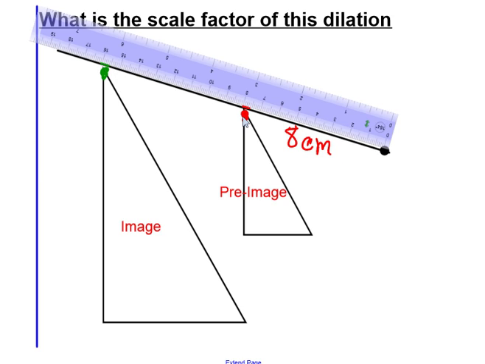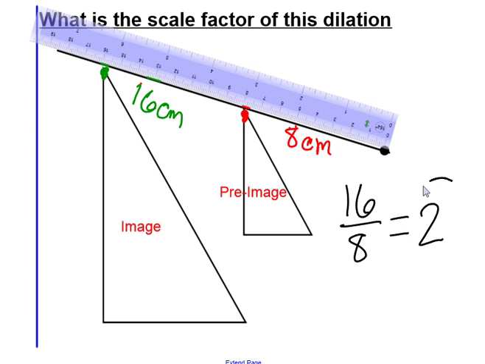And the length all the way to the image is 16 centimeters. What this means is this shape is twice as big because 16 divided by 8 is equal to 2. So my scale factor is 2.